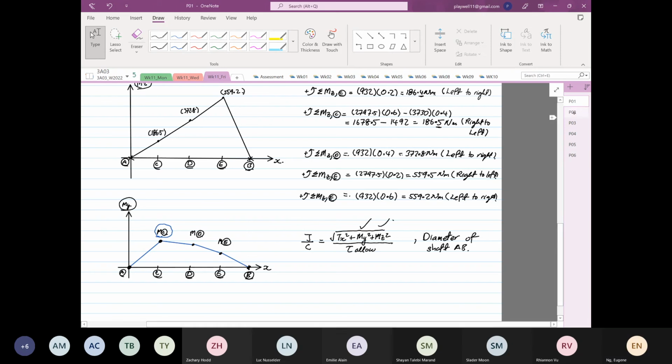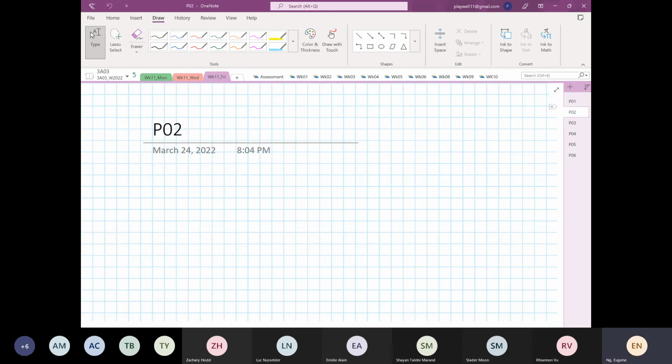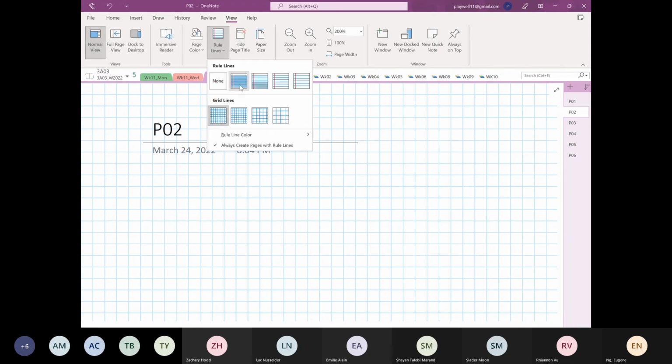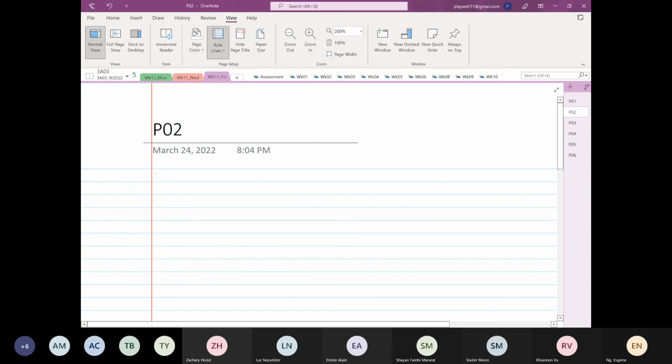Okay, so we are going to analyze the torque in the X direction. We have calculated this before. What do I mean by that?